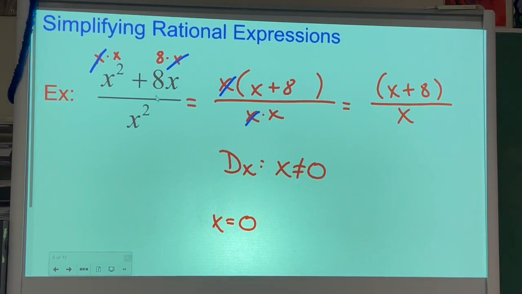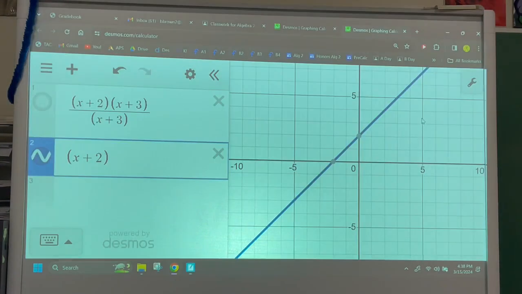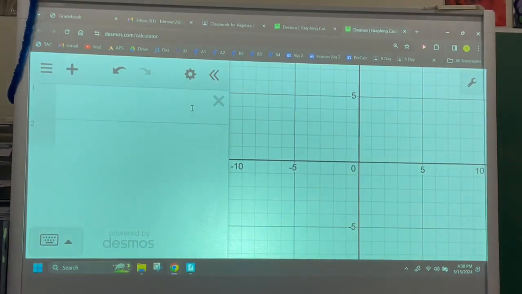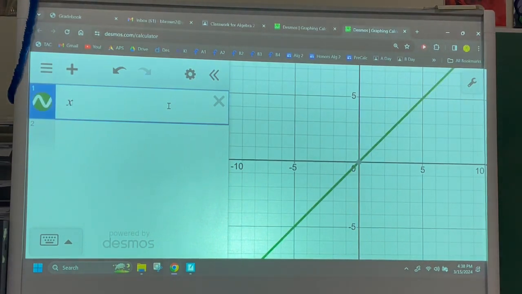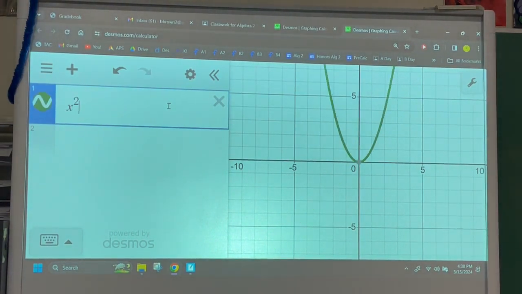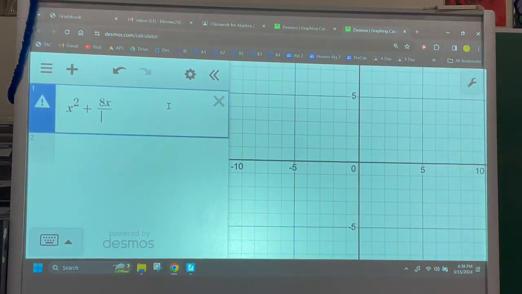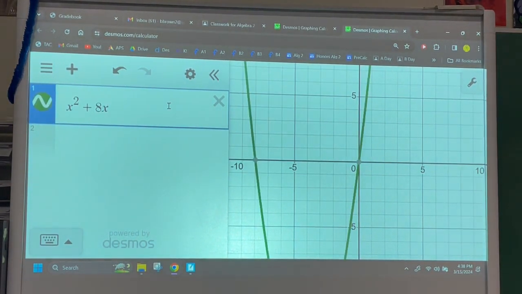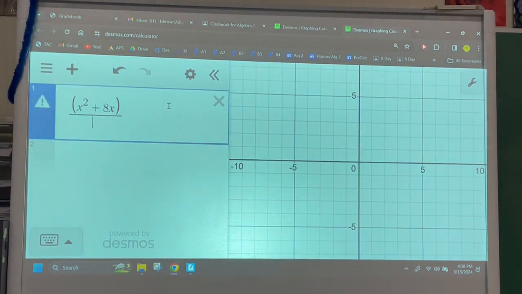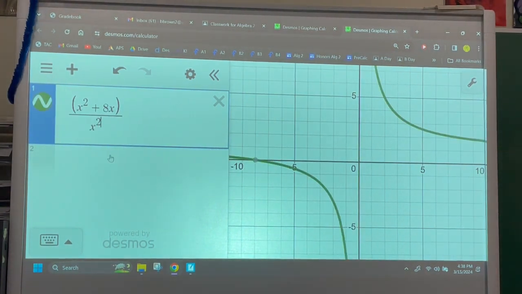Let's put our original function, let's put our new one in, and see if we can tell what's going on. Original, x squared plus 8x. Divide, oh no, it wants to divide just the 8x. Yeah, you probably need some parentheses there. Divided by x squared. There's my function.